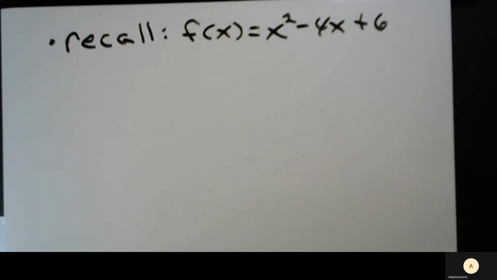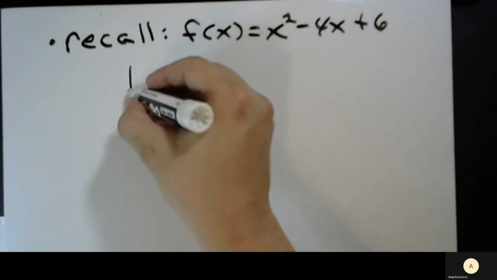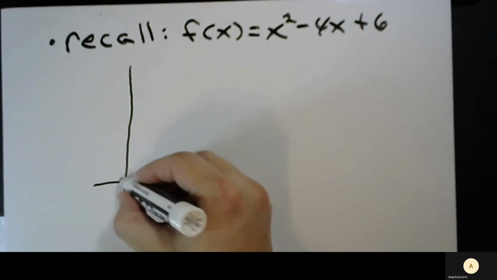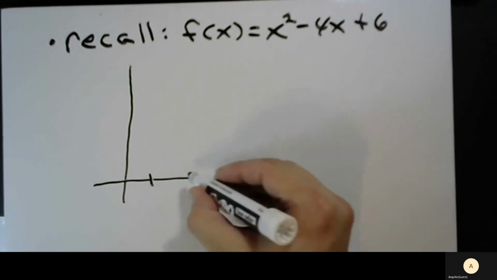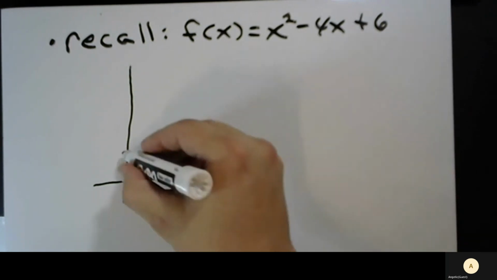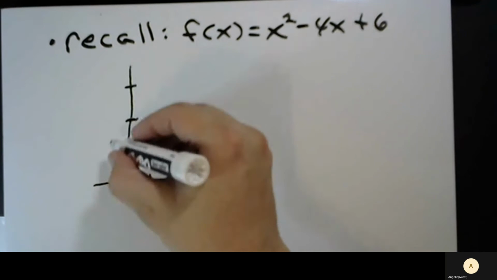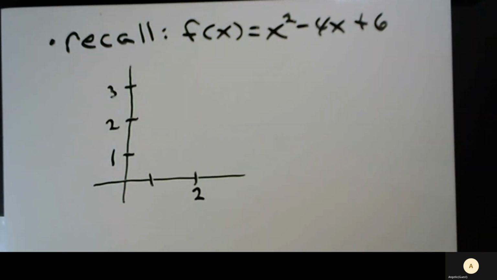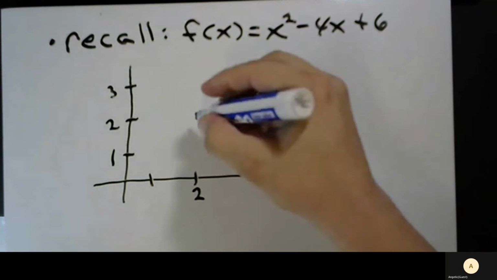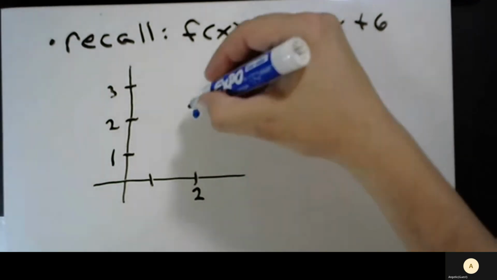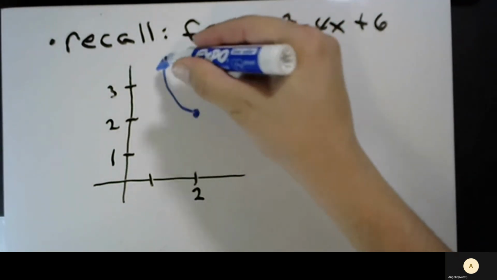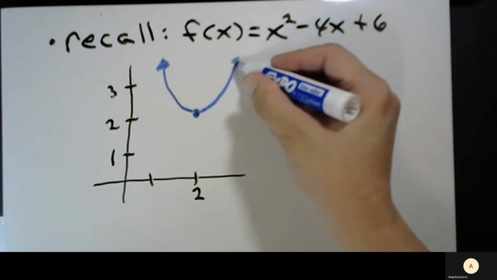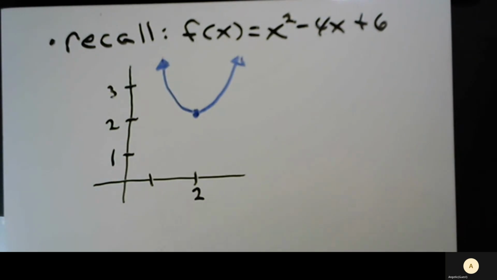So for that, if you recall what the graph looked like, the parabola was kind of floating in space.